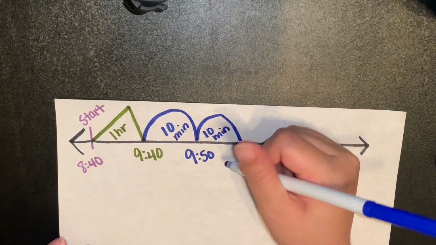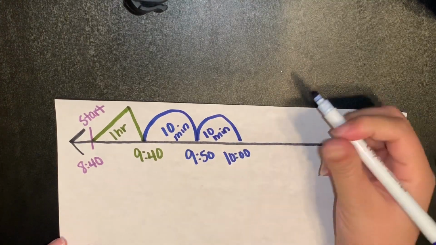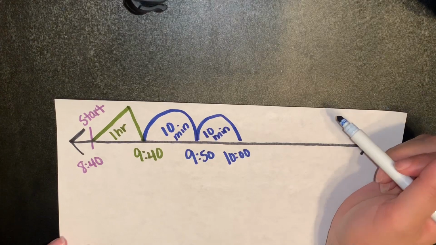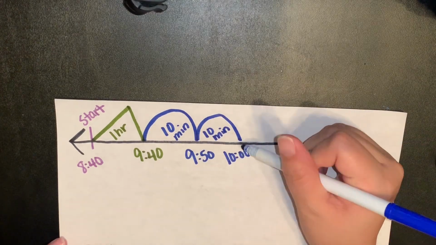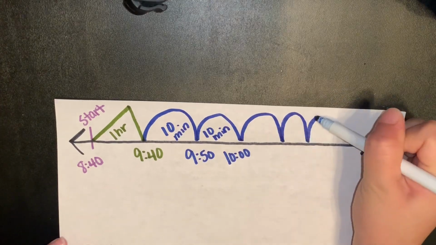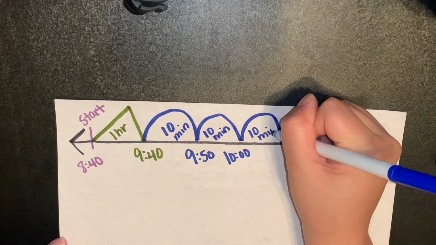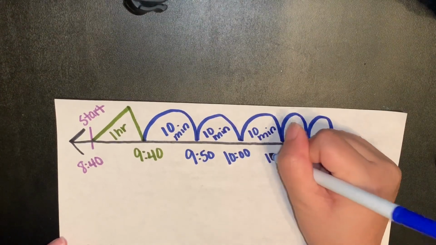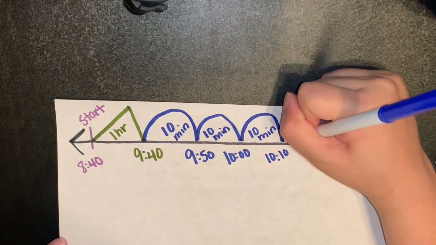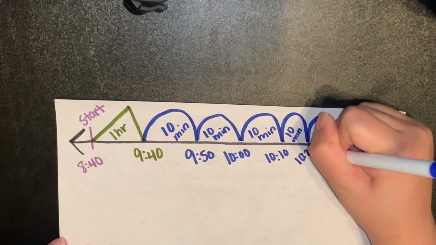Now it is 10 o'clock. Again, I'm trying to get to 10:31. So if I'm at 10, I know I can add 3 hills of 10 minutes. 10 minutes is 10:10, 10:20.